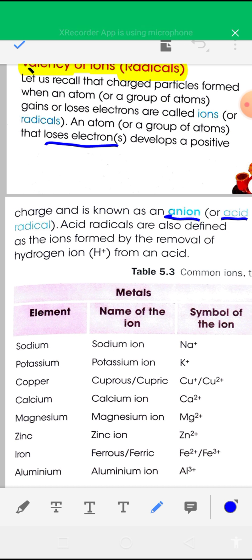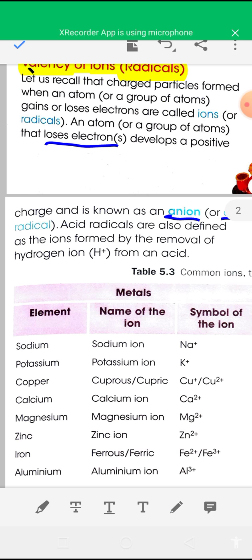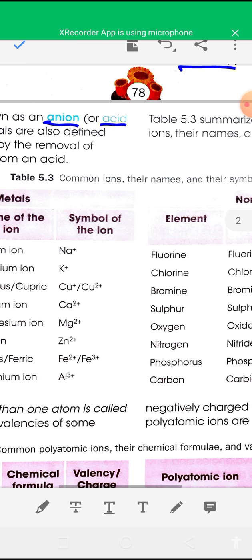For example, Cl minus, F minus, O2 minus. These are anions. And a group of atoms with negative charge formed by gaining electrons is known as an acid radical. So anion or acid radical are both negatively charged particles, and cations or basic radicals are both positively charged particles. Cations and basic radicals are formed by losing electrons, and anions or acid radicals are formed by gaining electrons.